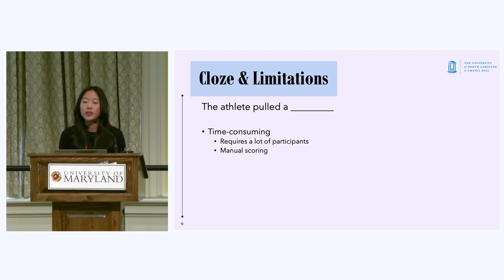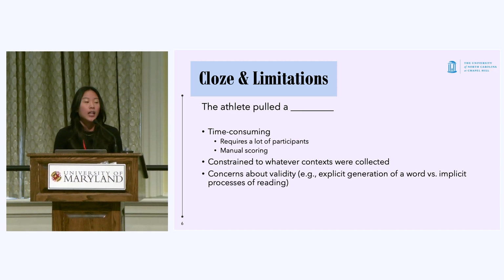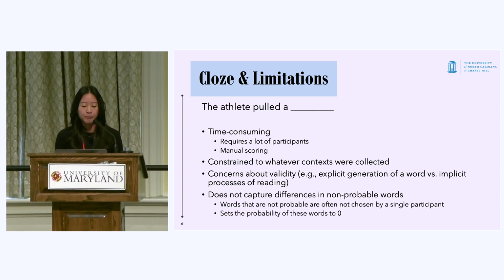Cloze comes with a handful of limitations that I want to highlight. So one is that it's very time-consuming, requiring a lot of participants and manual scoring of data. Second, it's highly constrained, so whatever contexts were collected are the only contexts that that measure is valid for. And there are also concerns about validity because the explicit generation of a word in the cloze procedure is not necessarily the same process that's happening during implicit word recognition in reading.